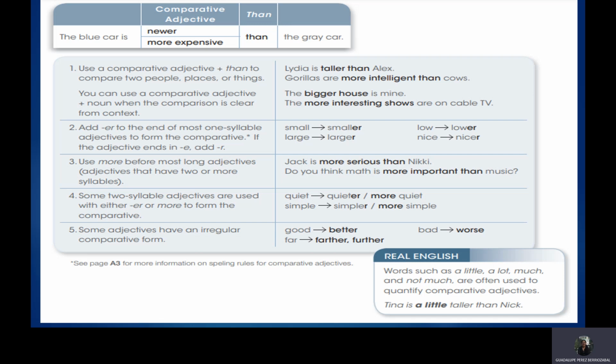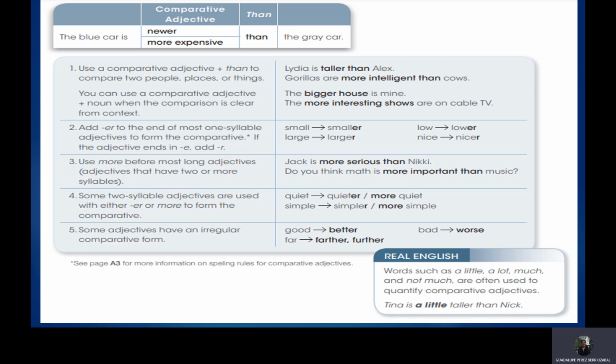So in some adjectives, we have an irregular comparative form. That is the case of good. We say better. We can't say gooder, for example, it is not correct.